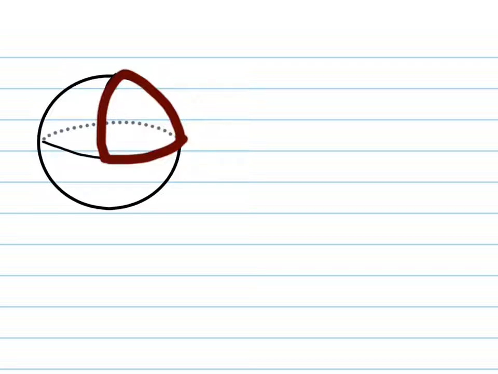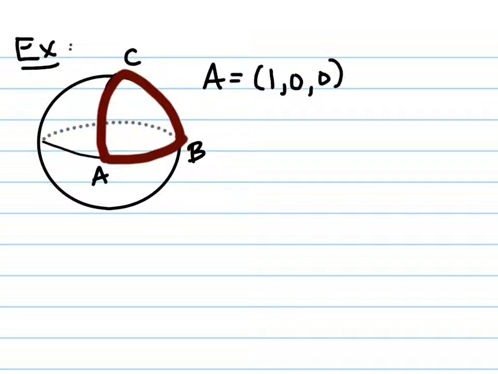And just as a reference point, let me give you some vertices for those coordinates so that we can talk about them very concretely. So we'll call this one C, this one is A, and this one's B. Our point A would be the point (1, 0, 0). Our point B would be (0, 1, 0).